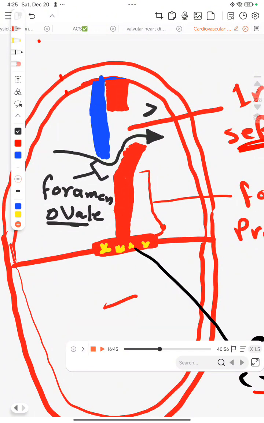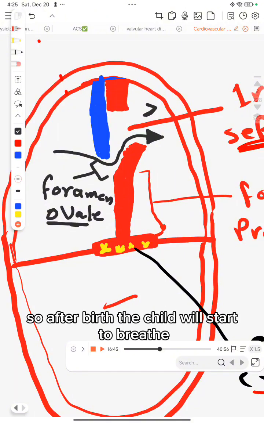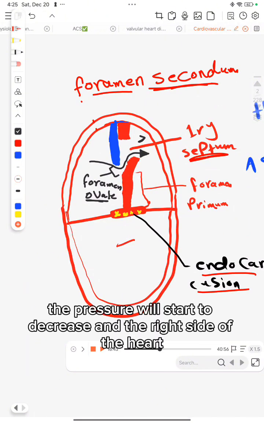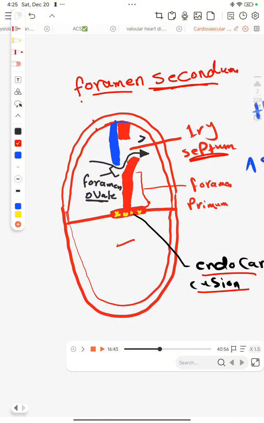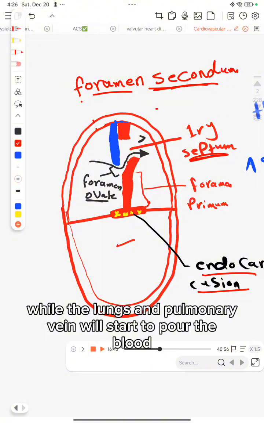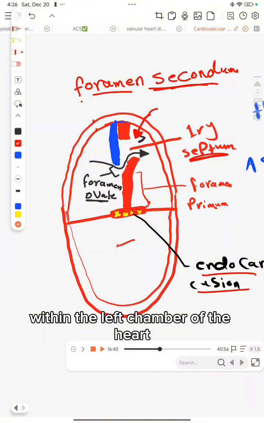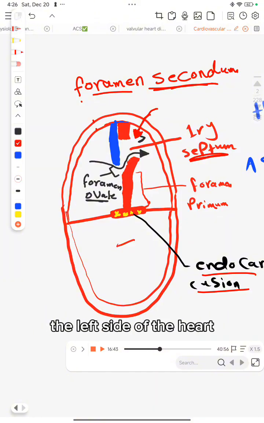So after birth, the child will start to breathe. The pressure will start to decrease in the right side of the heart, while the lungs and pulmonary veins will start to pour blood into the left chamber of the heart. The left side of the heart will have higher pressure than the right side of the heart.